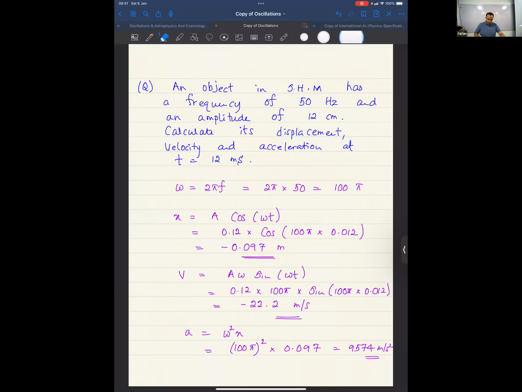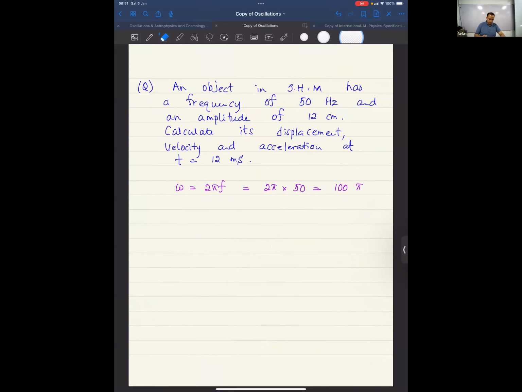Do another one. An object in simple harmonic motion has a frequency of 50 hertz and an amplitude of 12 centimeters, full stop.